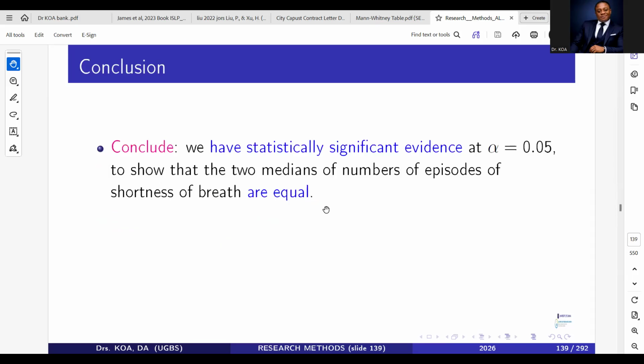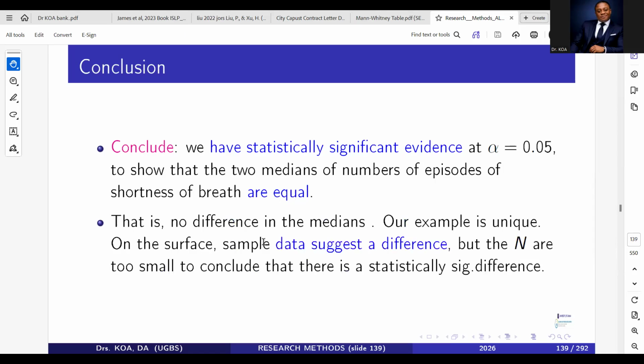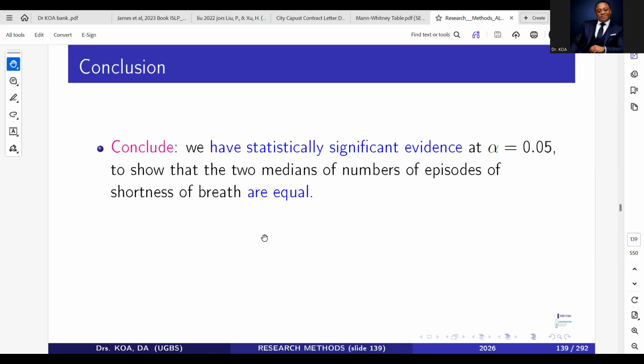And that means that we have statistically significant evidence at the 5% level, alpha, to prove that the 2 medians of the number of episodes of shortness of breath are equal. We have enough evidence to prove that the medians are coming from the same population. Another way of concluding this is that there is no difference in the medians. In other words, that new drug didn't make any difference. That's what it means.